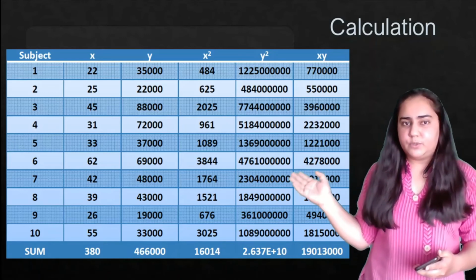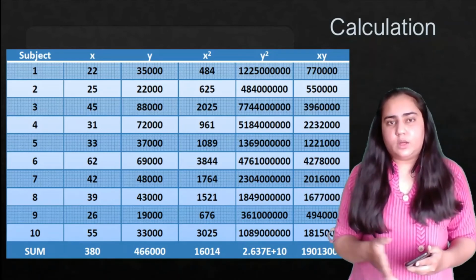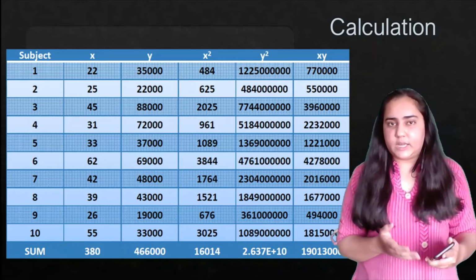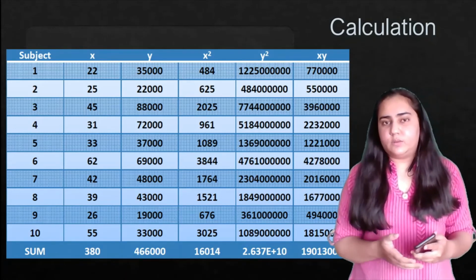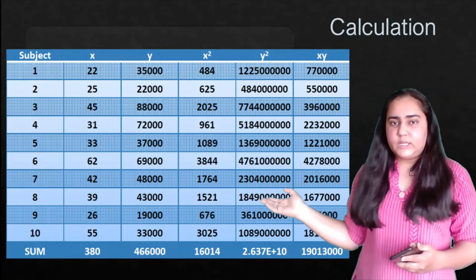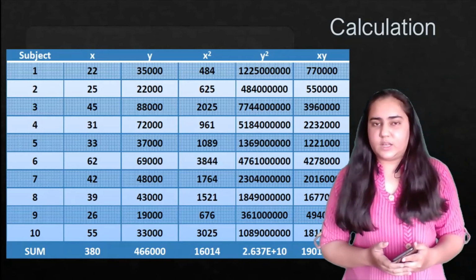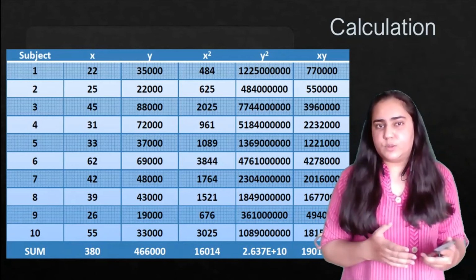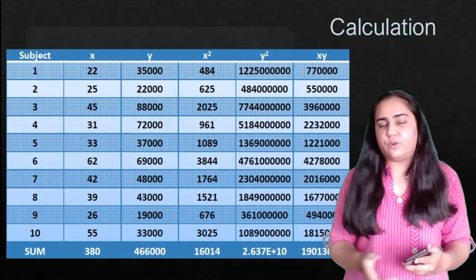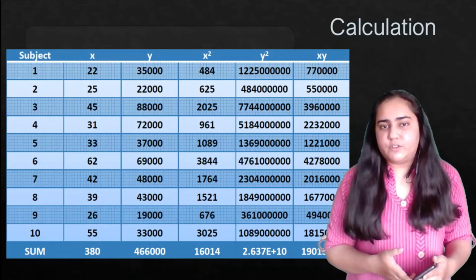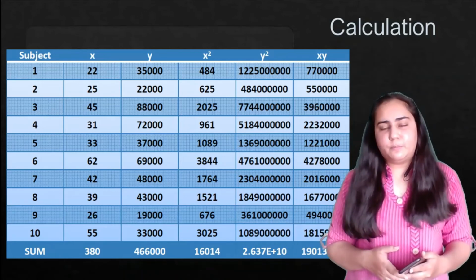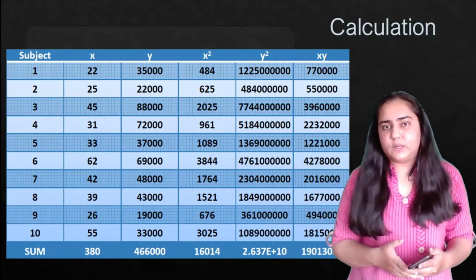You can see the subject column, that's nothing new. X and Y columns, X is the age, Y is the annual income. Then I've calculated X square, which is simply the square of X. So 22 into 22 gives you 484. 55 into 55, 3025. That's how X square is calculated.